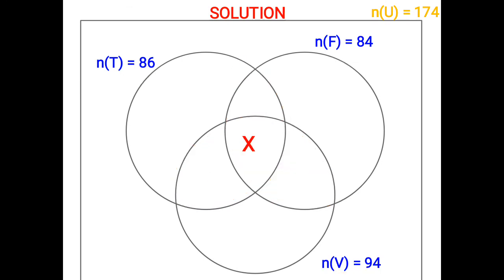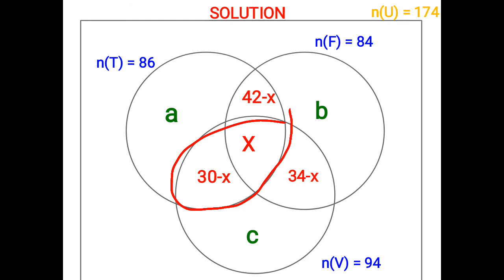That is done in the next one. So our intersection of all is x, then we get the other sides. If the whole of this side is 30, and our intersection is x, only this side is going to be 30 minus x.